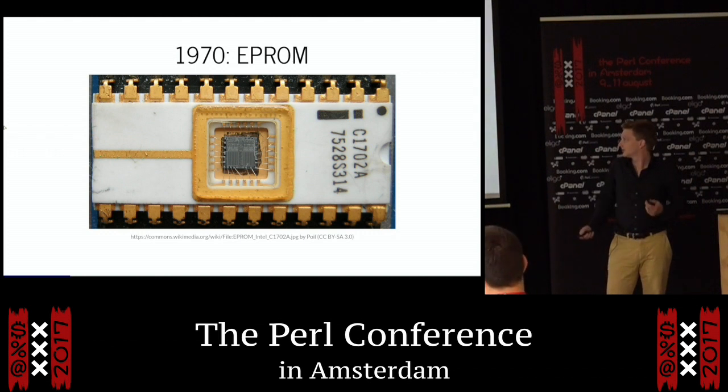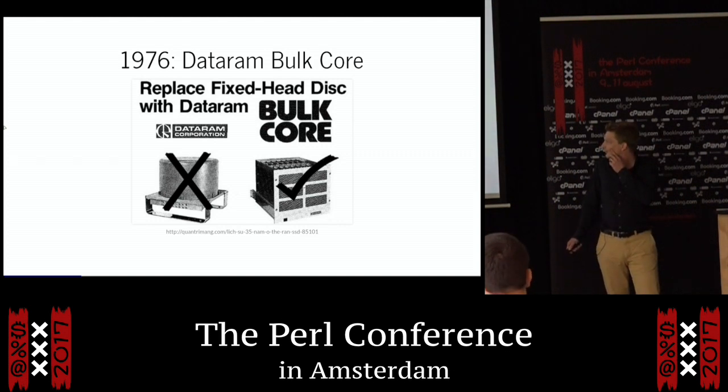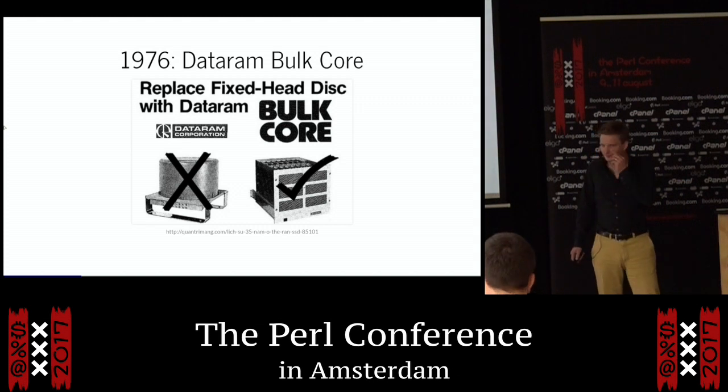But the technology inside, floating gate field effect transistors, was already the same technology that we now have in regular SSDs. Then magnetic core memory, we already saw that. In 1976, a company actually sold lots of magnetic core memory as a replacement for spinning disks.